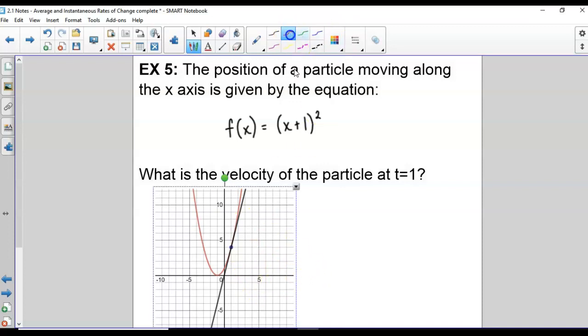So if we're thinking of labeling these axes, this x-axis right here is position. I'm sorry, no, it's not. This gives us position, so the y-axis is position. And it doesn't tell us any units here, but that's going to be a length measurement. So it could be feet, it could be meters, it could be yards, it could be inches, millimeters, something like that. And then the x-axis, that's time.